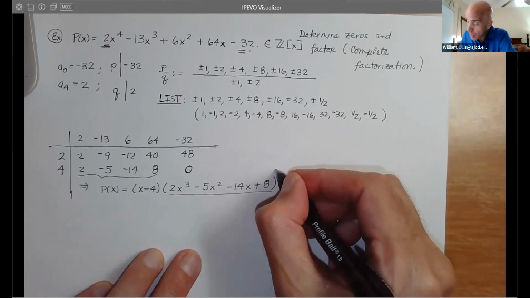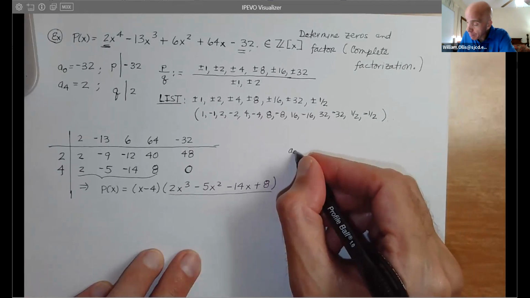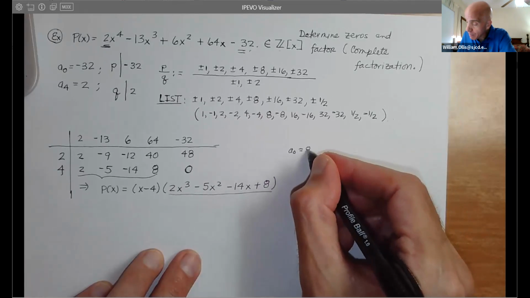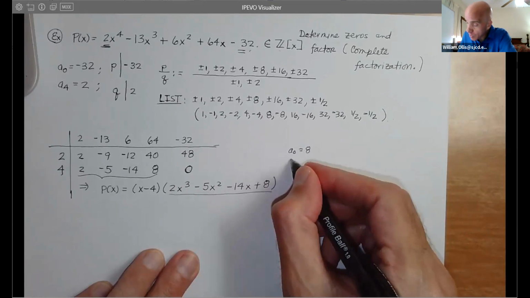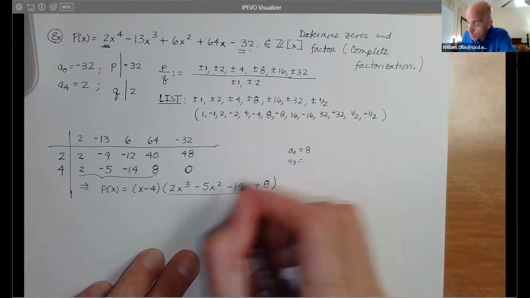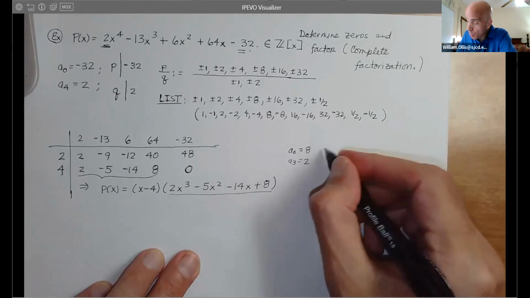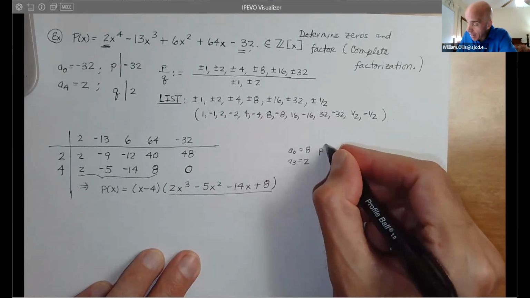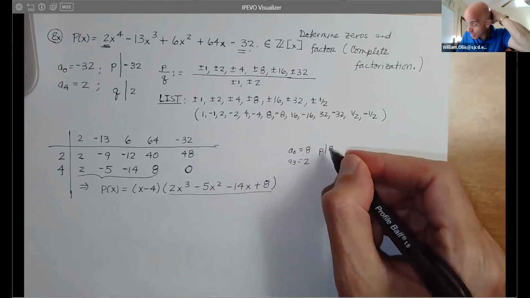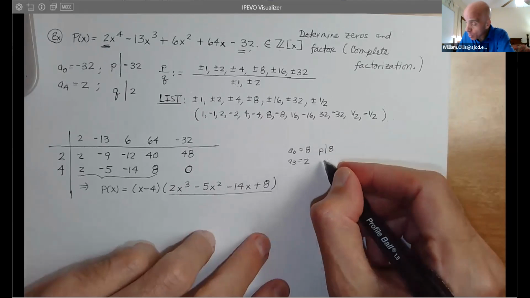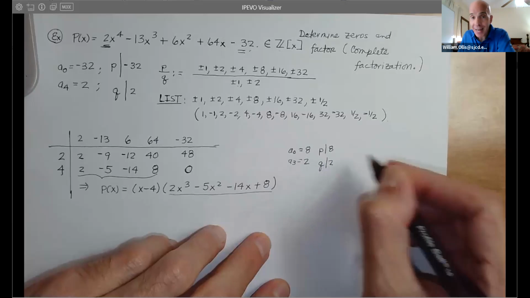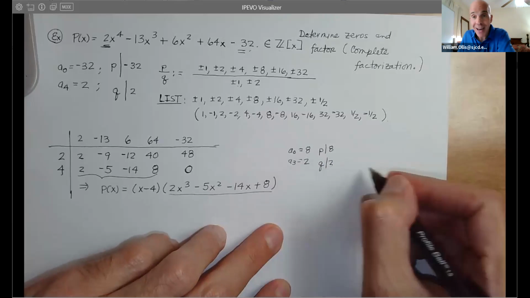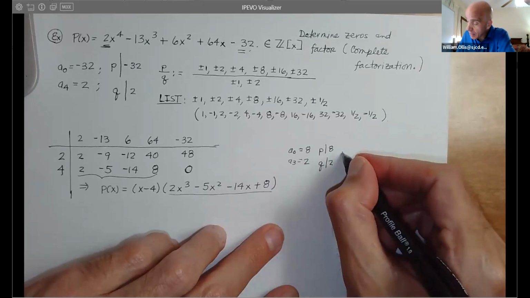Again, in this case, the constant term is 8, and the leading coefficient, that'll be a sub 3 now, is 2. So again, p divides 8. And this is nice because we like these powers of 2. It makes our work a lot easier. And q divides 2. So we can get a list.